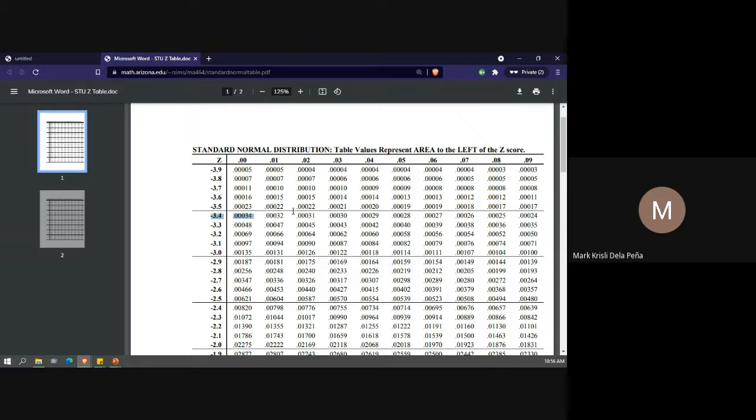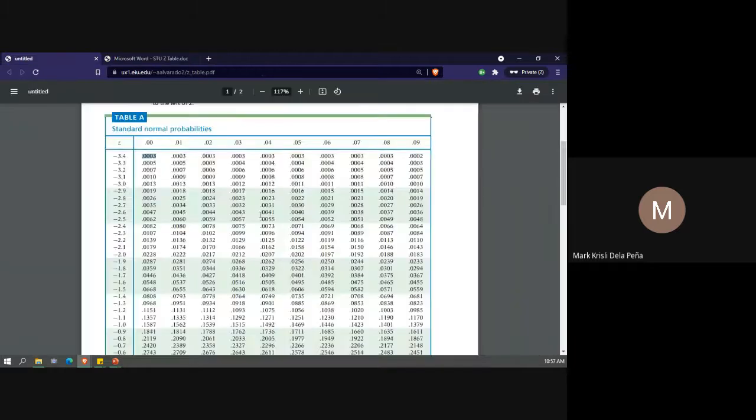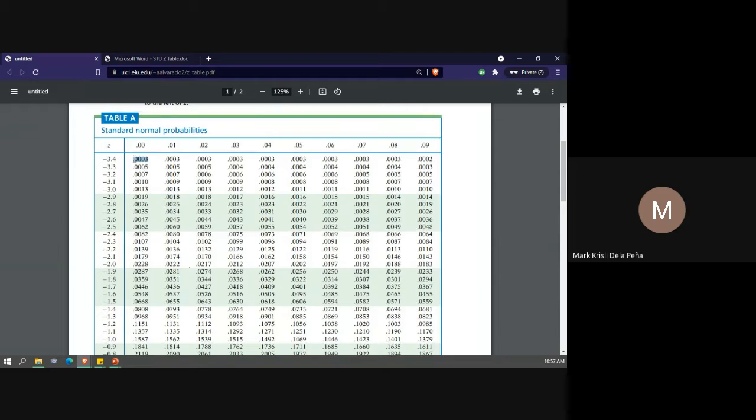But if you would ask me which is better, I think this would be better, since this table has a greater number of decimal places. The larger the number of decimal places, the better, meaning there would be less rounding errors. However, most of the books only present 4 decimal places, so let's just make use of these for this time.